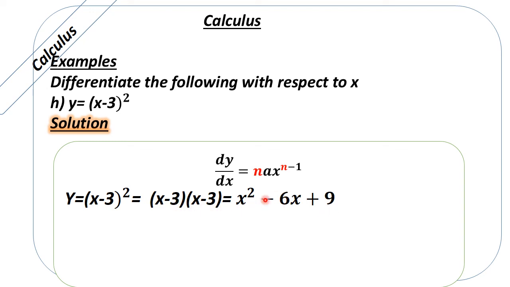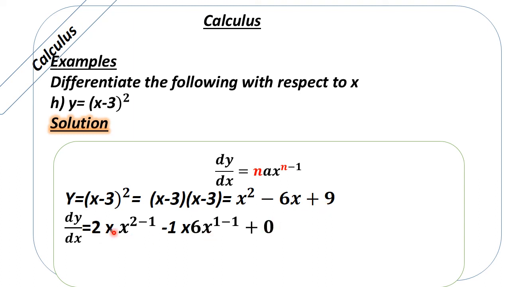Once you have this, you can differentiate. So dy/dx is going to be equal to the 2 here, we bring it down, so it's going to be 2 times x, then 2 minus 1, we have this. Then here, negative 6x, we know it's going to give us negative 6. But if you are not sure, of course, we have got 1 here, 1 times negative 6, then 1 minus 1, which is what we have here. 9 is a number, so it's 0.